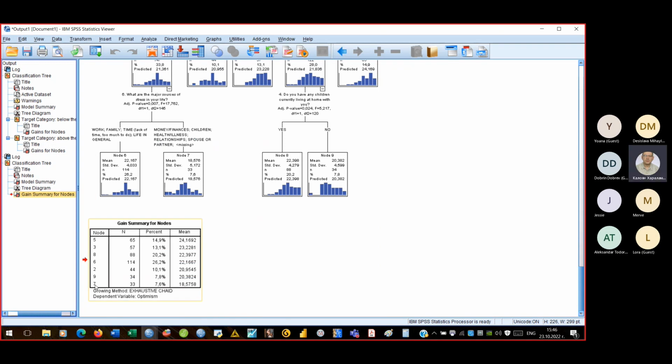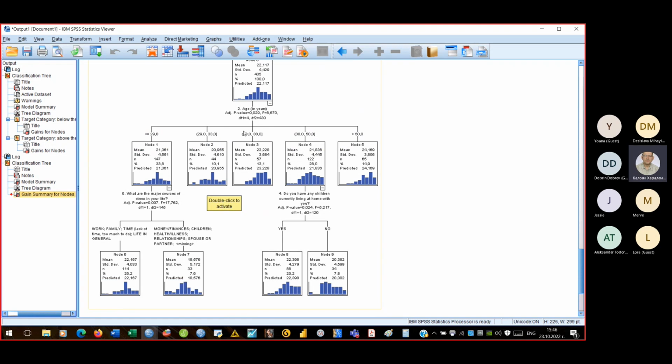Node number 7 is here in the second level of the tree. So we pass through the branch of the tree.